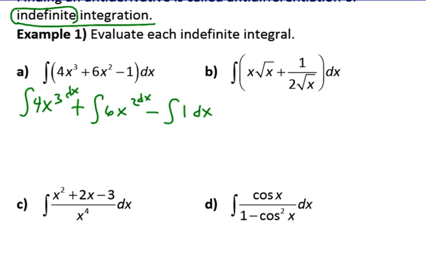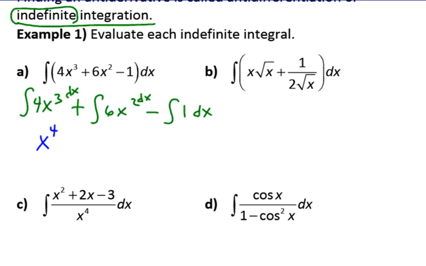When I take the integral of 4x cubed, we have the power rule for integration. When we did the power rule for taking the derivative, we would bring down the exponent and then make the exponent minus 1. When we take the antiderivative, we're going to make the exponent plus 1. So if I have x cubed, it's going to go up a higher degree, to the 4th power.